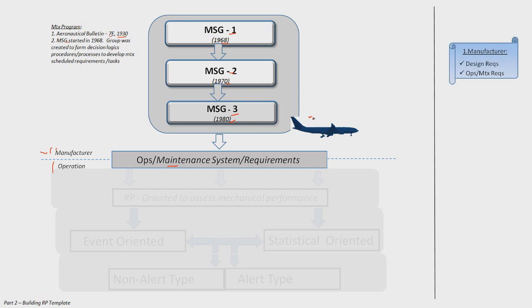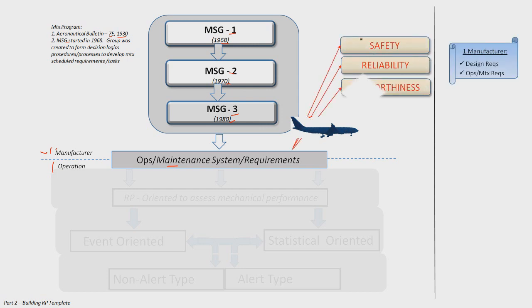The aircraft should be safe, reliable, and airworthy. What do these requirements mean for our groups? It means that they have to design, build, and develop the aircraft, this product, with the appropriate level of safety, reliability, and airworthiness. This is one part of the story.